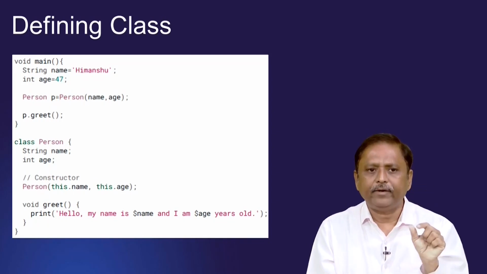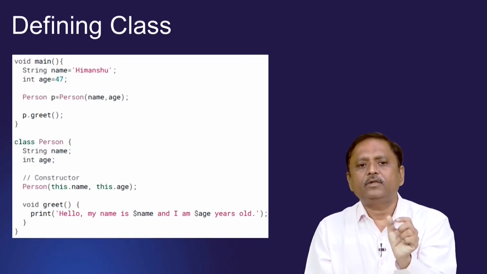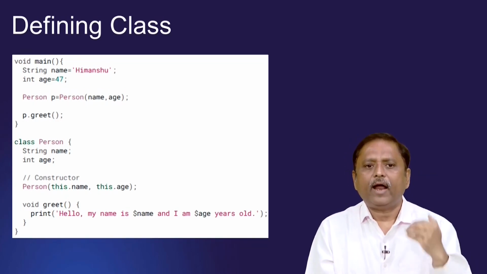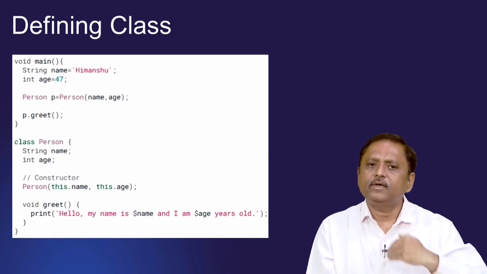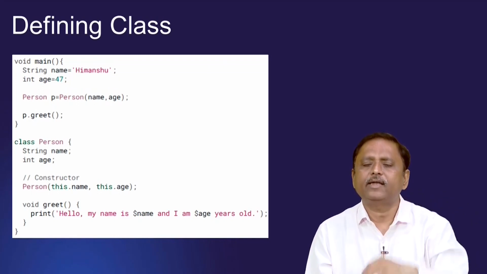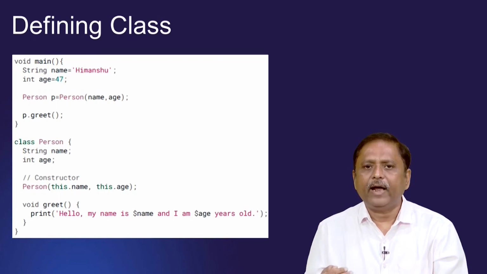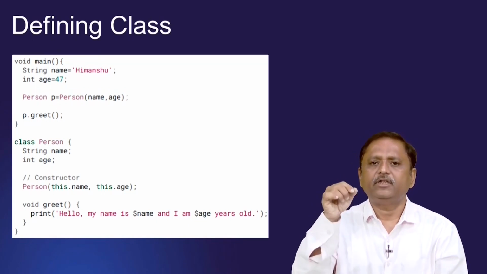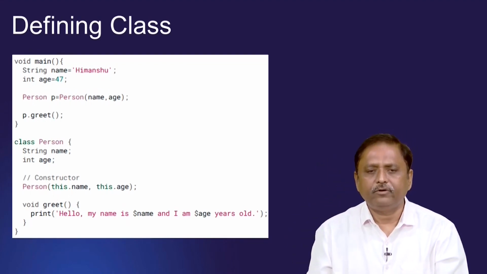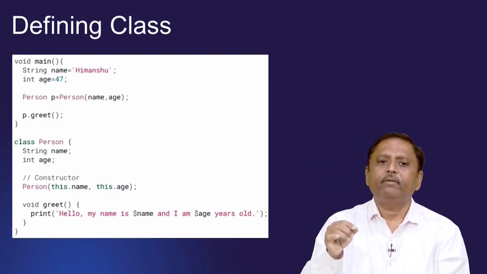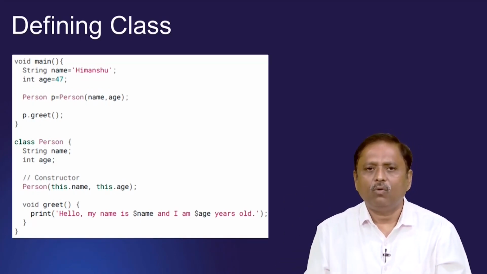P is a object and after that we write down is equal to, and person will call constructor and name and age is supplied as an argument to constructor, which is assigned to name and age inside class, and then we call that greet method using our object which is P. So, P dot greet will call this greet function. So, it will print my name is Himanshu and I am 47 years old.